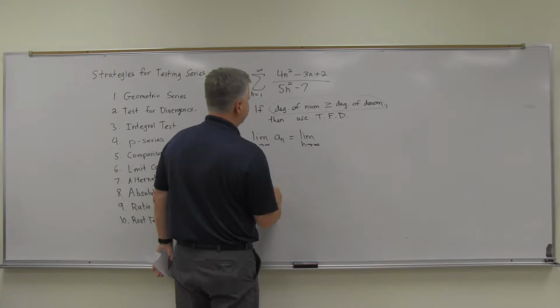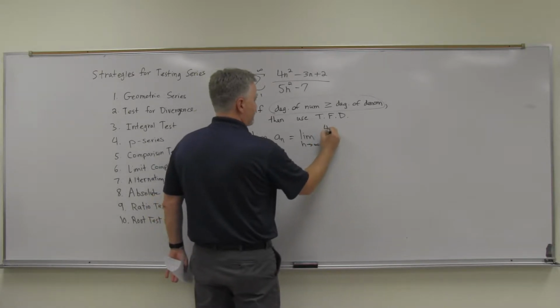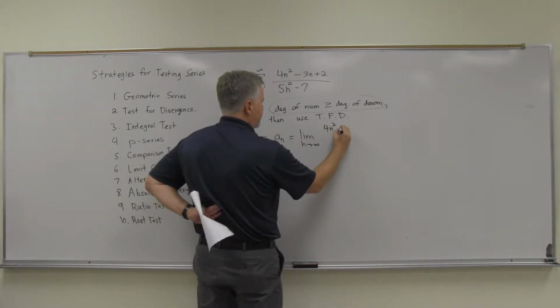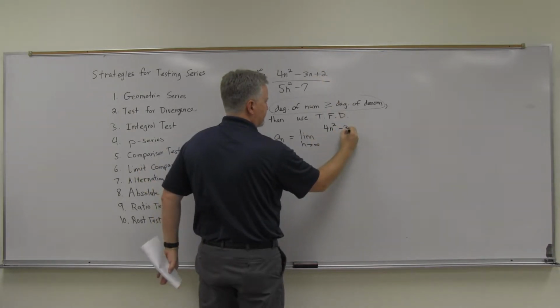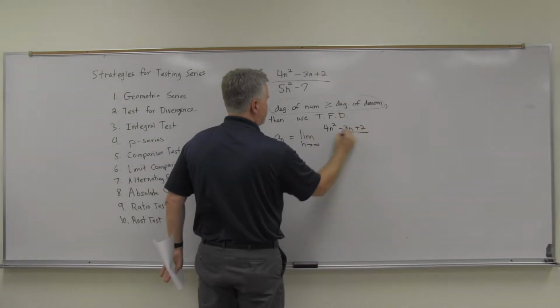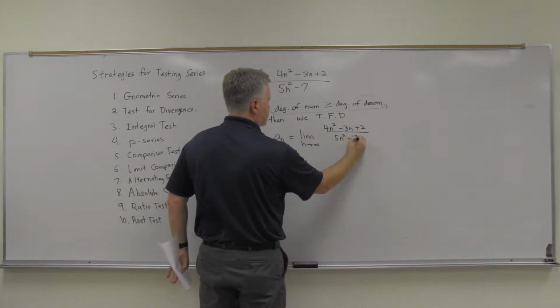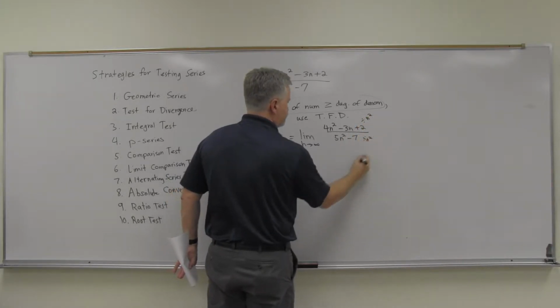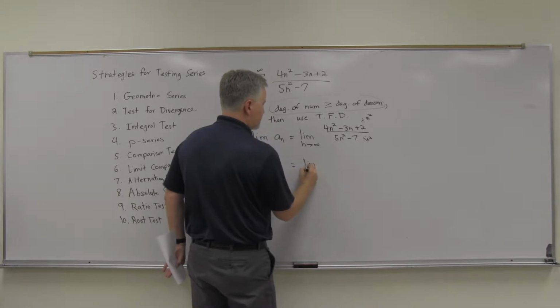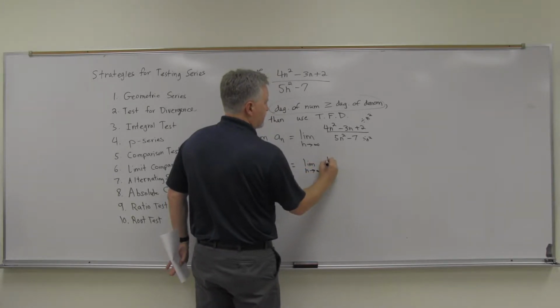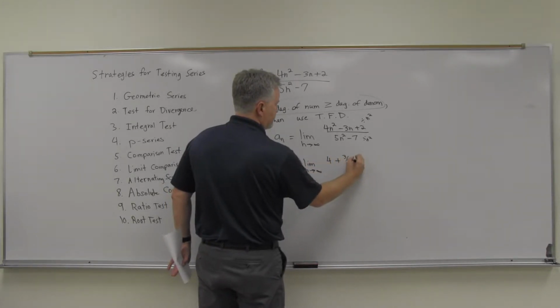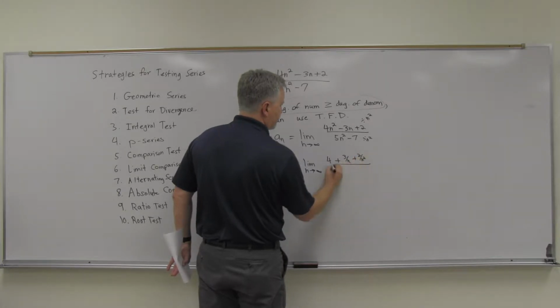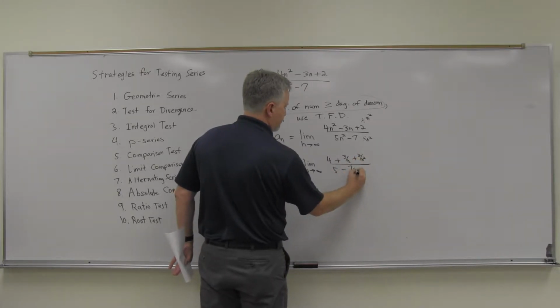You figure that out by now, right? So yeah, if I take the limit of just the a sub n here, (4n squared minus 3n plus 2) divided by (5n squared minus 7), divide top and bottom by n squared, what I've got is (4 plus 3 over n plus 2 over n squared) over (5 minus 7 over n squared).